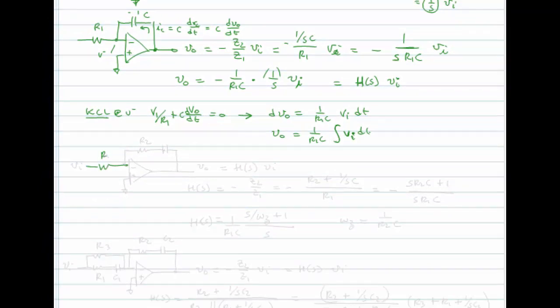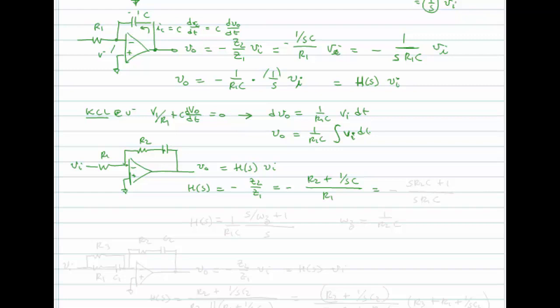What if I had an R1 here, and instead of just a capacitor, what if I had an R2 and a capacitor? And I said, find VO. Well, you could write VO is equal to H of S times VI, where H of S is always minus Z2 over Z1, and in this case Z2 is R2 plus 1 over SC divided by R1.